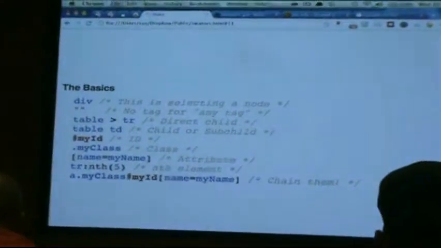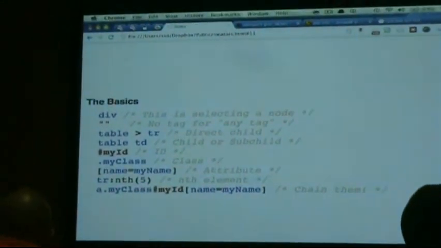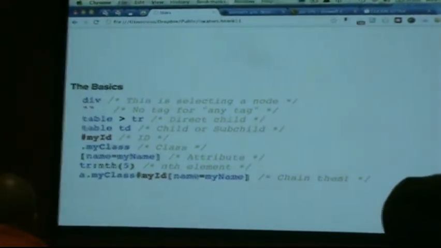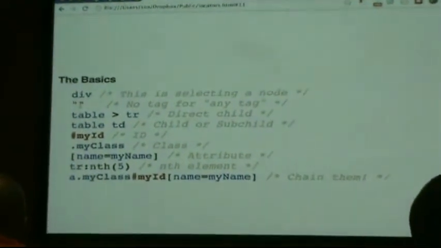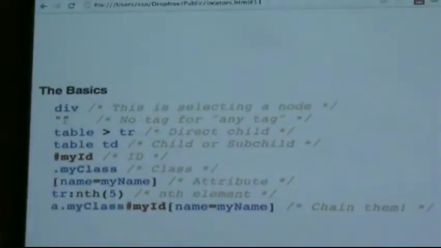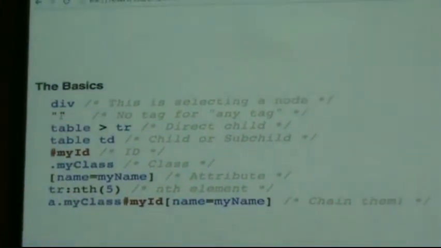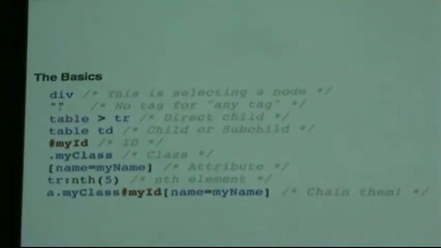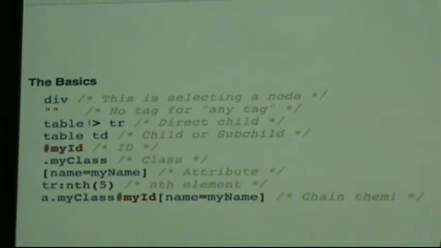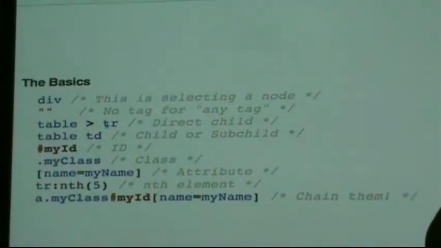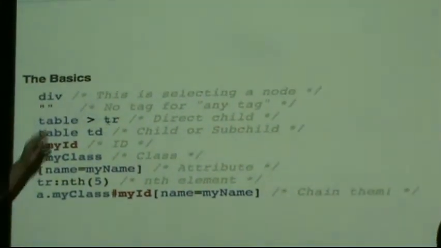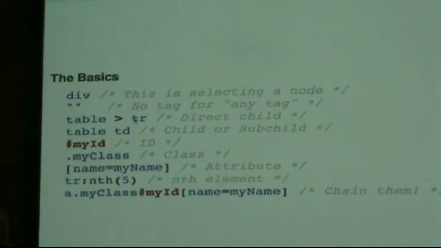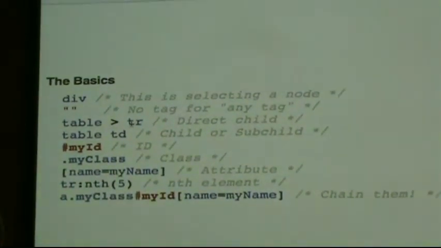So the basics are, if you want to select a tag, you just put the tag name first. That's going to do the whole thing. If you don't care about the tag that Selenium finds, you just put an empty space and then start with the filtering process later. To mark what would be a direct child, which means I want a table row that is directly inside the table tag, you just use the right angle bracket.